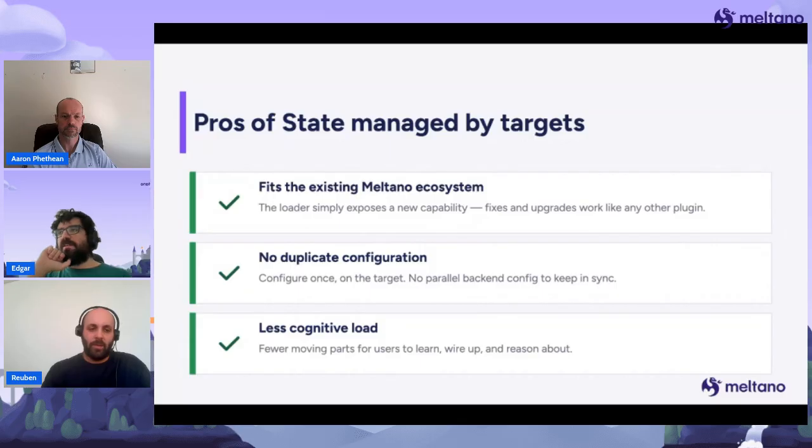So a tap has discover, and I'm imagining a target has some new kind of option that we're inventing. I guess it could even be discover for targets, which is discover the state, but you could probably name it better than that. Yeah.